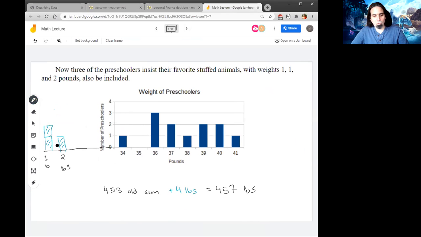There were 12 preschoolers. Now we're counting stuffed animals person 13, 14, and 15. And whatever that is, 457 divided by 50. So it's about 30.5 pounds.